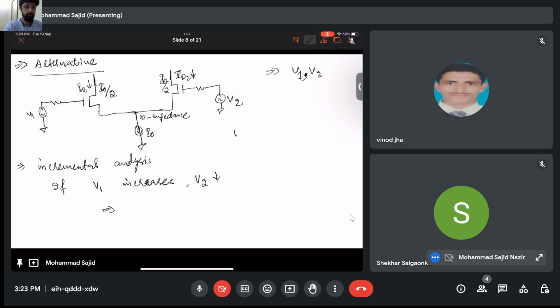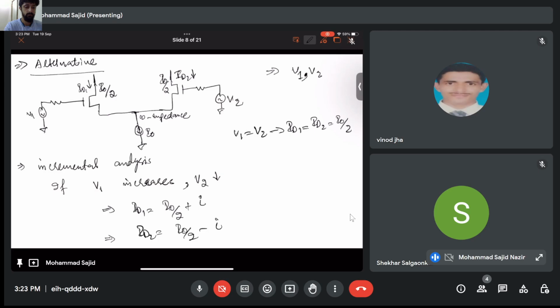So when V1 is exactly equivalent to V2, that means ID1 is equivalent to ID2 is equivalent to I0 by 2. So now if V1 increases, V2 decreases, that means ID1 is some current I0 by 2 plus some incremental current I. Similarly, ID2 is some current I0 by 2 minus I. So this you need to see clearly.